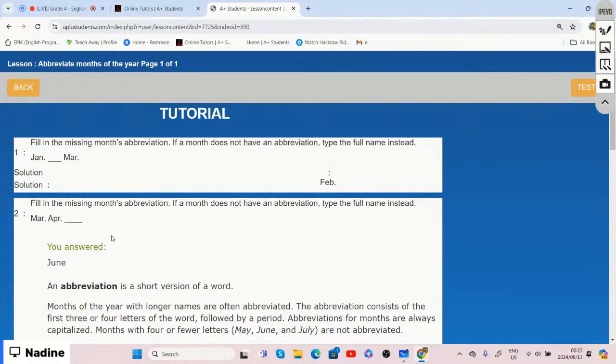So we are going to fill in the missing month's abbreviation, right? For example, Jan, March. What are we missing over there? We have Jan and March. What is the missing month of the year after January?